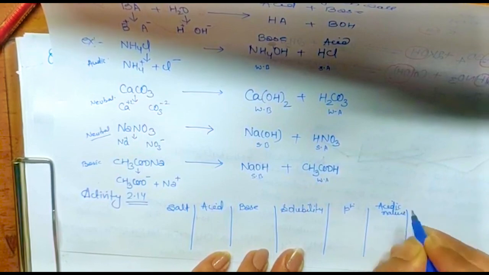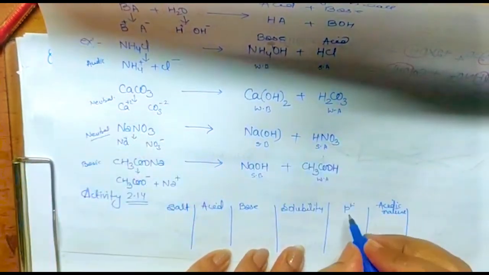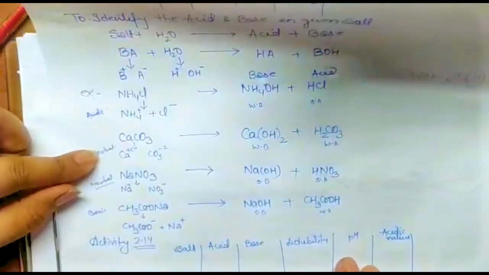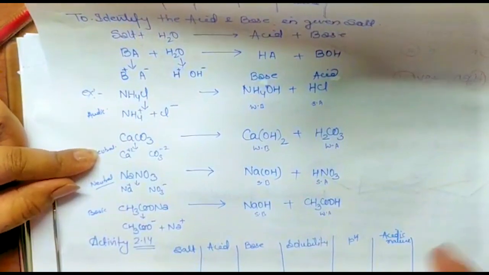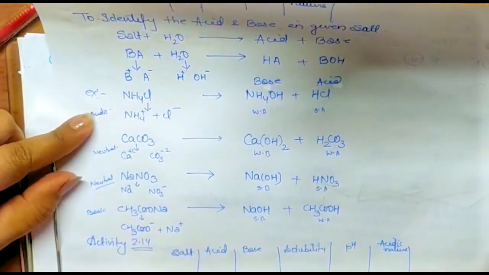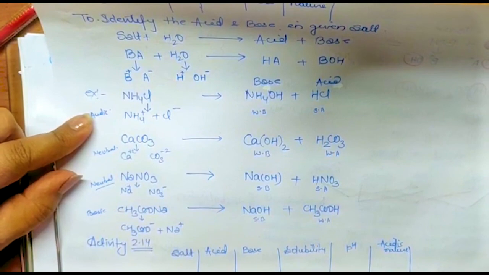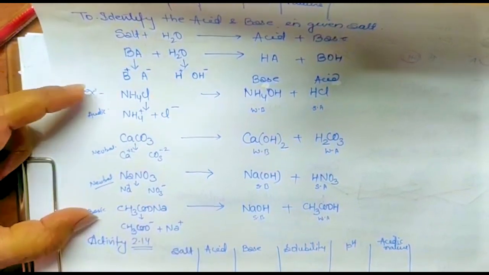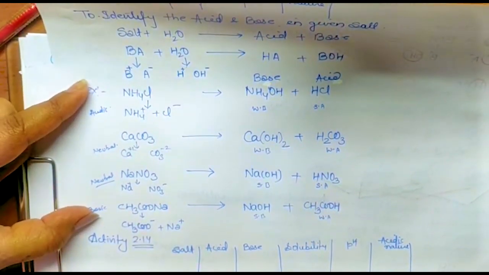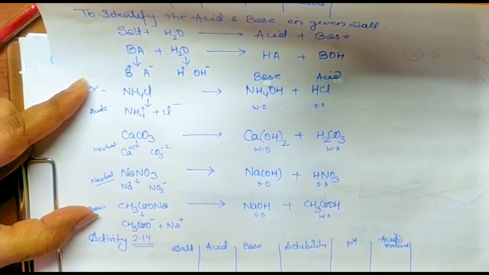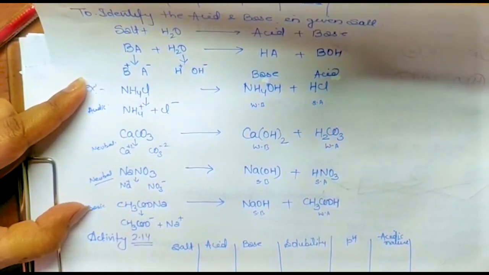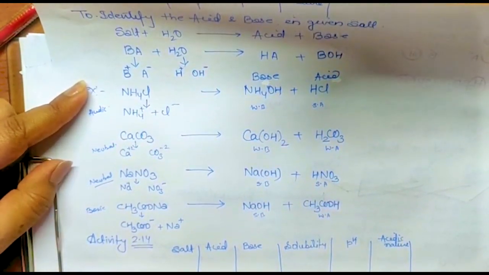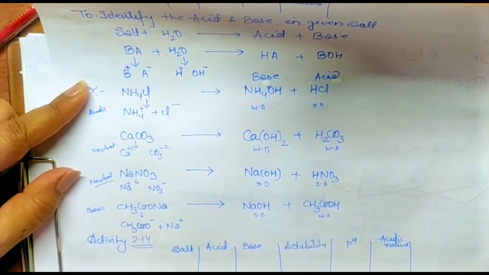Acidic nature you can identify by this. Now how will you do pH? If it is neutral, what will the pH be? 7. If it is acidic, the pH should be less than 7. If it is basic, the pH should be more than 7. Isn't it? I hope activities 2.13 and 2.14 are clear, my dear.